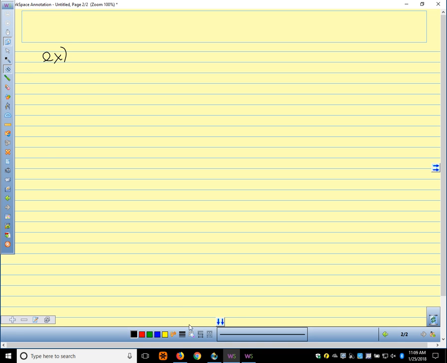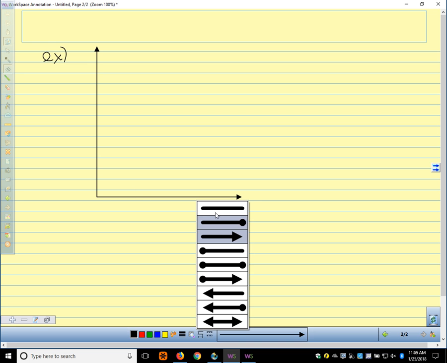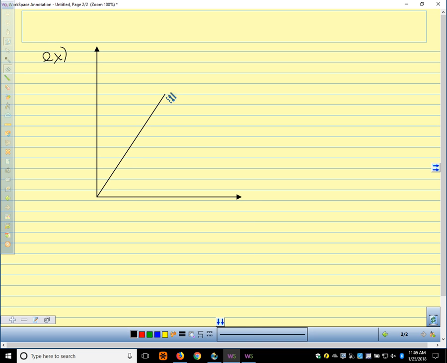So let's say we have a triangle. These are my axes. And the problem tells us this is triangle ABC, and it is isosceles.